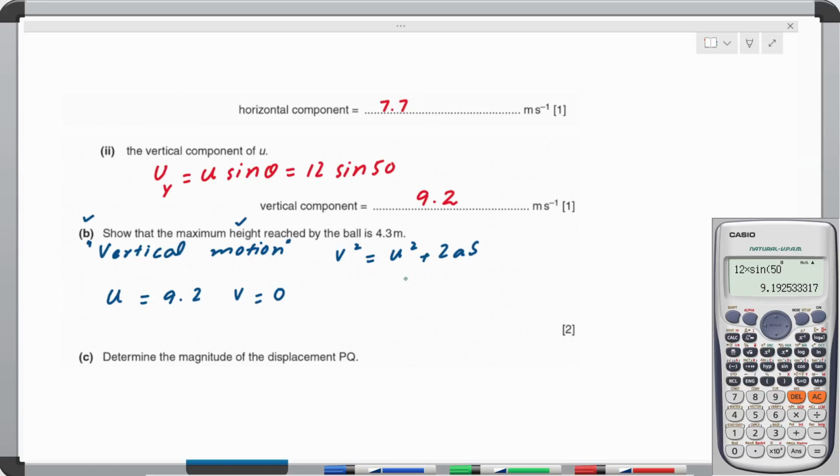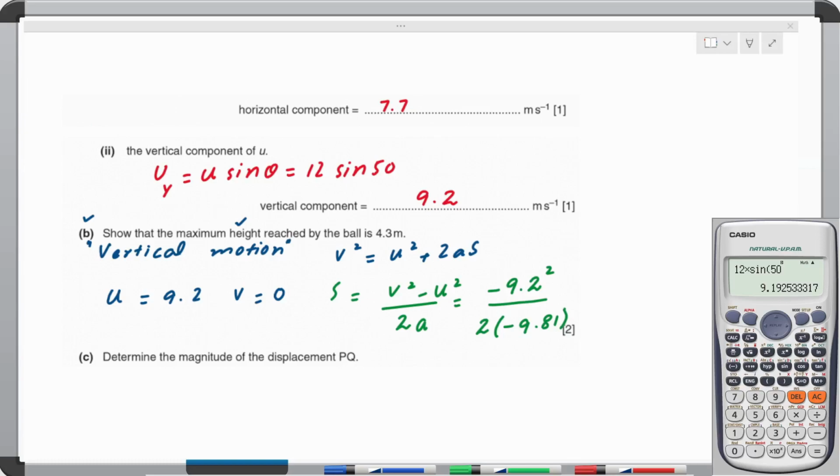We need to find the value of s. If I rearrange it, it'll be v square minus u square divided by 2a, which can be written as minus 9.2 square divided by 2 into minus 9.81. If you're moving upward, against gravity, then the value of g is taken as minus 9.81. If you're going downwards, then we consider the value of g as plus 9.81.